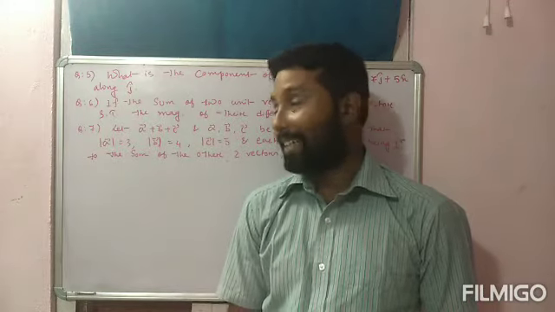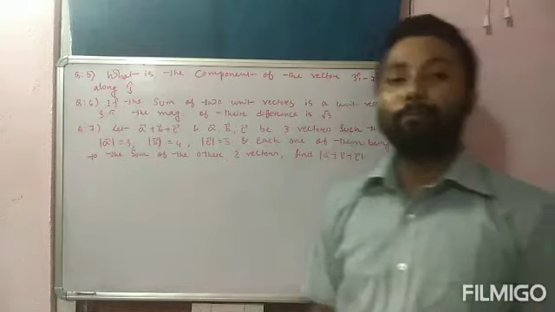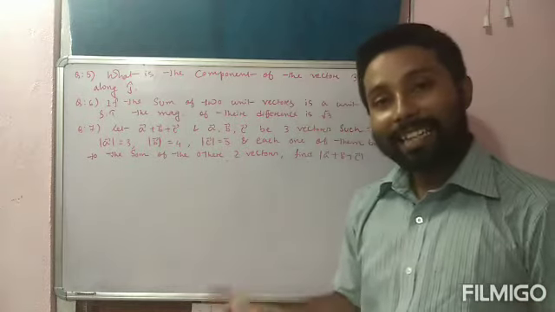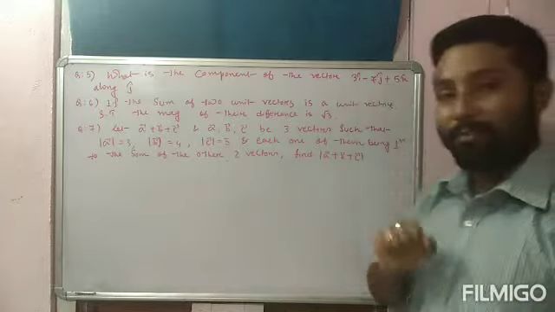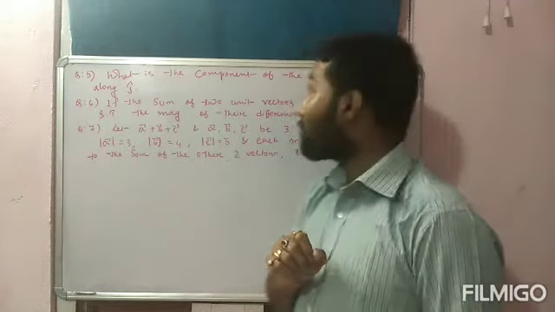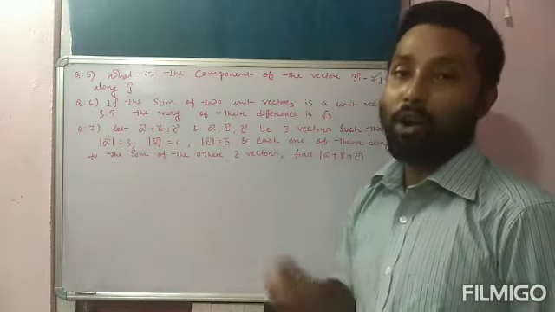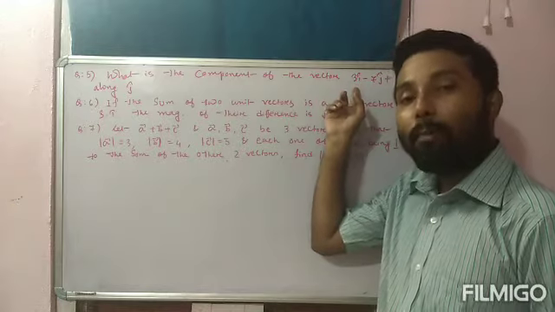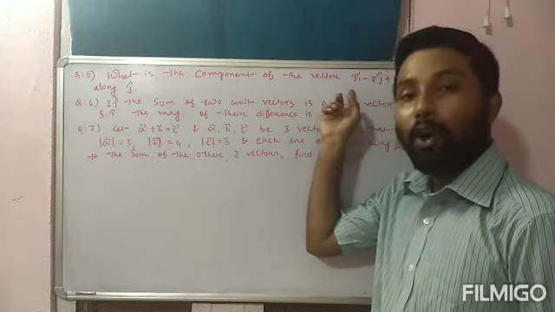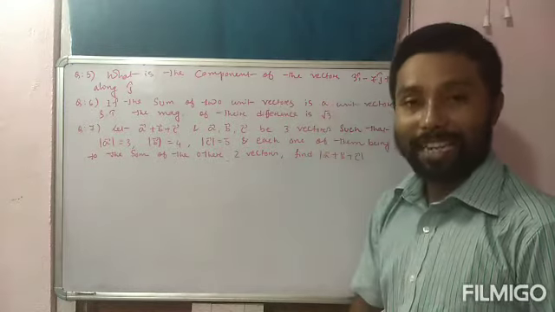So if the scalar components of this vector are asked, what will the scalar components be? 3, -7 and 5. Whereas if you are asked to write the vector components of this vector, then you have to write 3i cap, -7j cap, plus 5k cap.